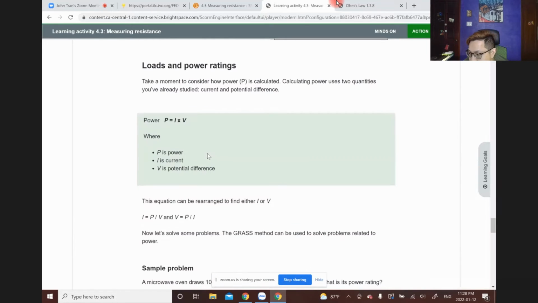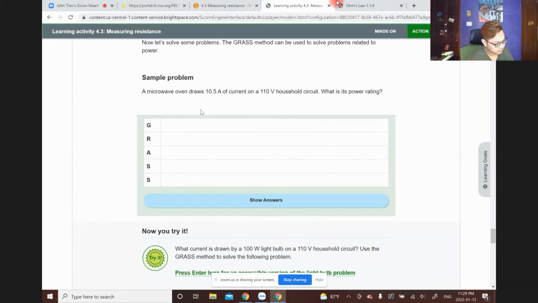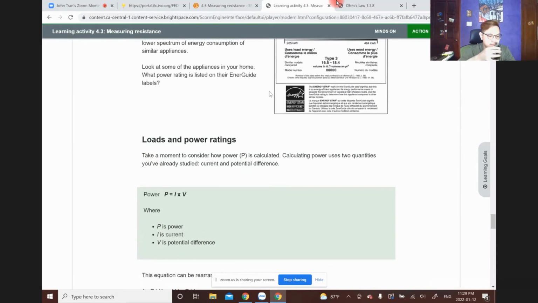So it's the same thing: P equals I times V. Now the problem: a microwave oven draws 10.5 A of current from a 110 V household. What is its power rating?